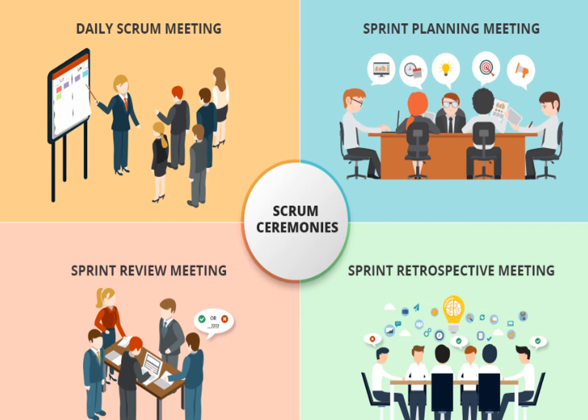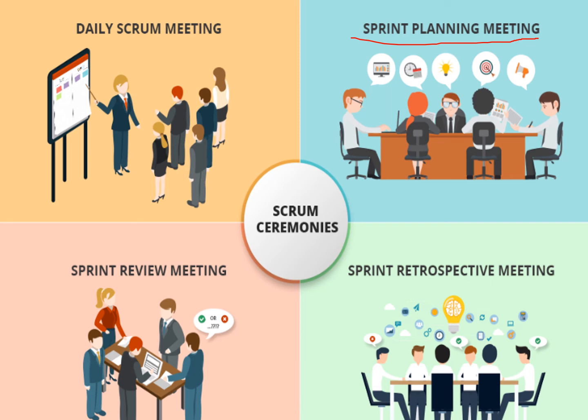So in summary, we have several ceremonies in Scrum. First we start with the sprint planning meeting, which is a kind of listing down the product backlog and also prioritizing the main features, and linking it to the first sprint or the task.